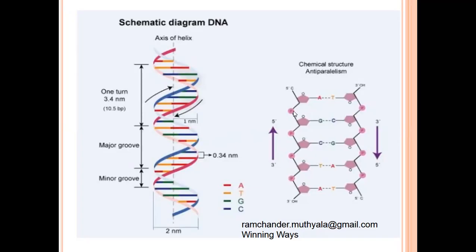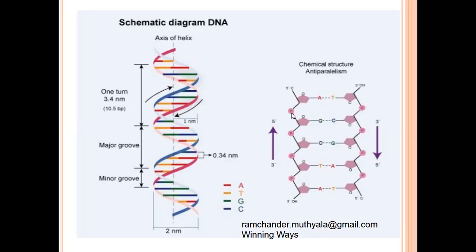Between these three chemical components, three chemical bonds are present, and by these bonds the two polynucleotide chains are arranged in an anti-parallel position in the DNA.